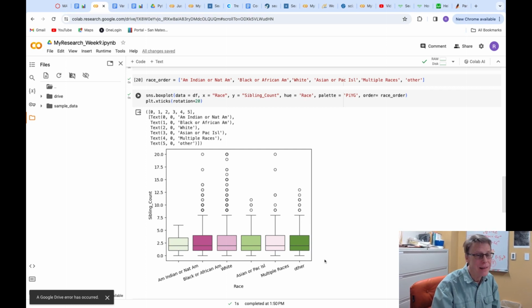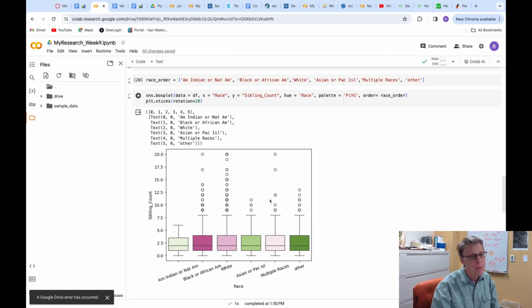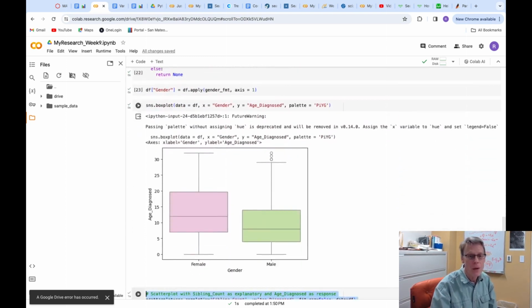And really looking at this graph, not so much. I mean, a little bit this category seemed different than the others in that the max was so much lower and it's just a little bit less spread out, everything else. But more or less, there's not much of an association that we can see.